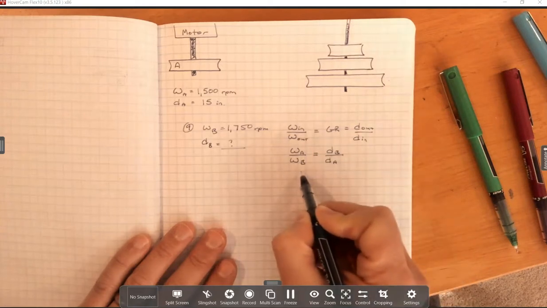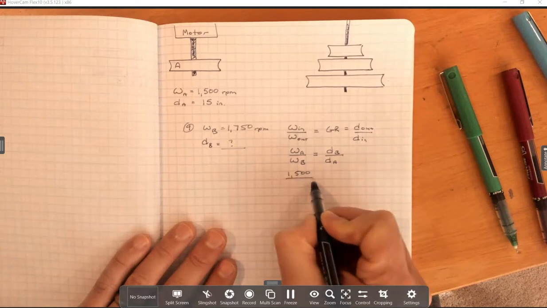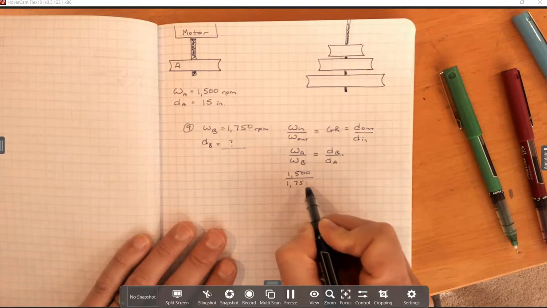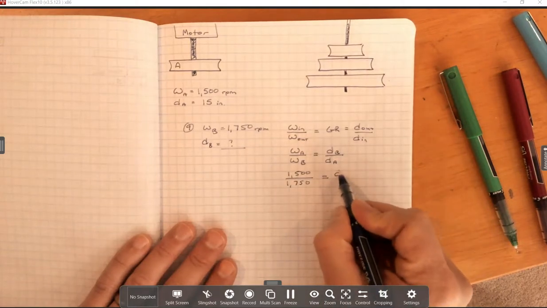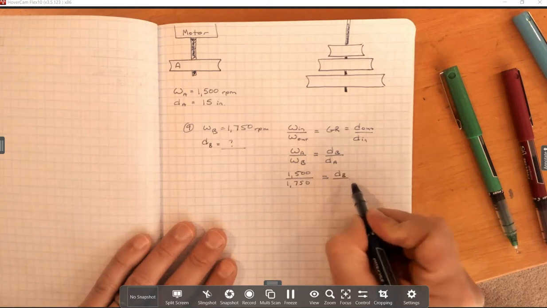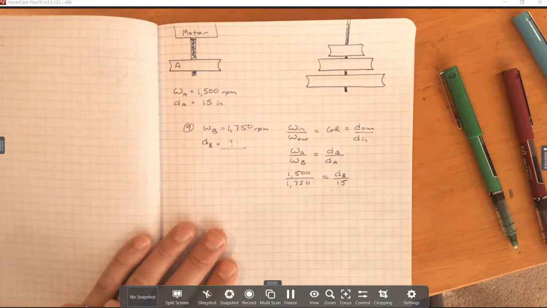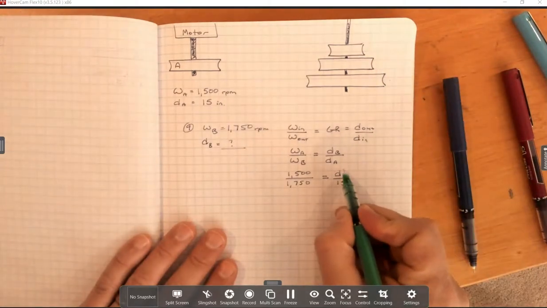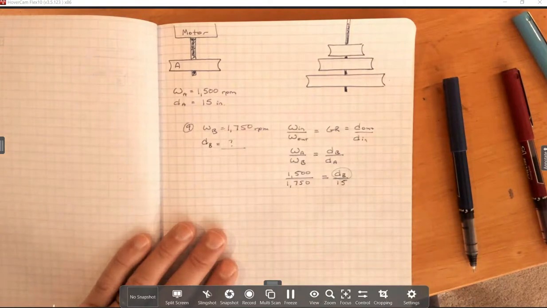Now plugging in what we know, we have 1,500 RPMs for A and a required 1750 for B. The diameter of B is unknown, and the diameter of A is 15. To solve this, we're really just trying to get this alone, and right now it's being divided by 15.